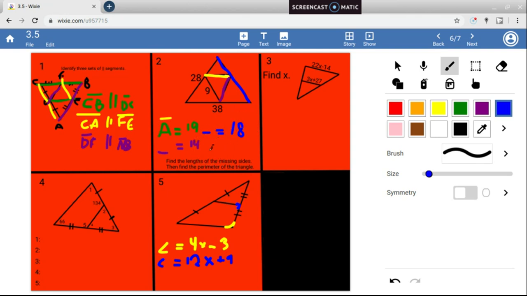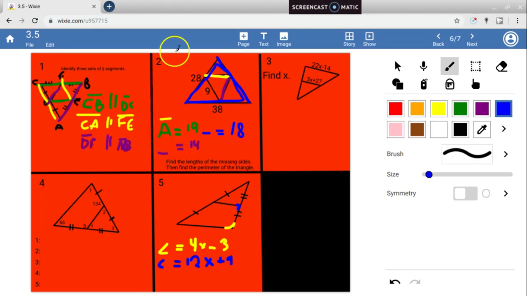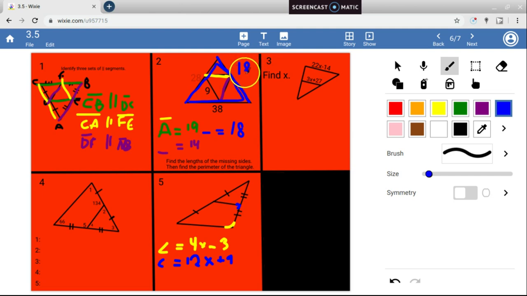And then the perimeter of the triangle. Well, it didn't say which one, but let's just say that it's the outside one. By the way, the outside triangle will be 2 times the inside triangle. That's something to know. So all you have to do when you're doing perimeter is add the sides. It might seem complicated, but now we can label this one as 18.